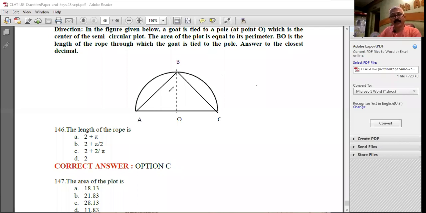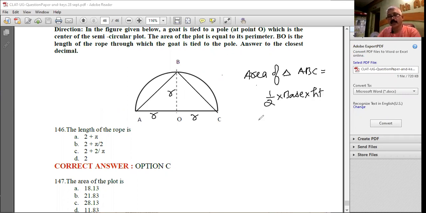Look here, it is R, it is R, it is R. And you know, area of triangle ABC is 1 by 2 into base into height. 1 by 2, base is 2R.